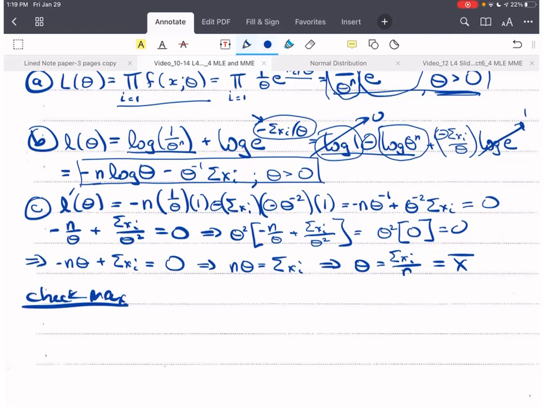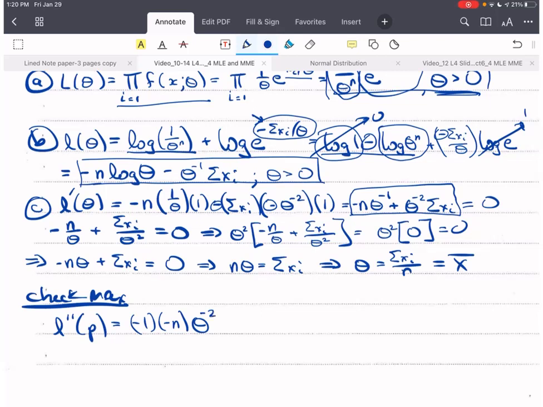Now I can easily take the second derivative with respect to theta. I'm going to use this format here. That's why I wrote it with the negative exponents, the simplest form of the derivative. The first term, I'm going to have a negative 1 times a negative n, theta to the negative 1 minus 1, so negative 2.